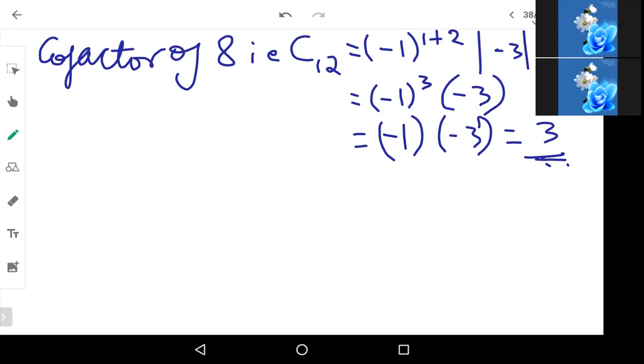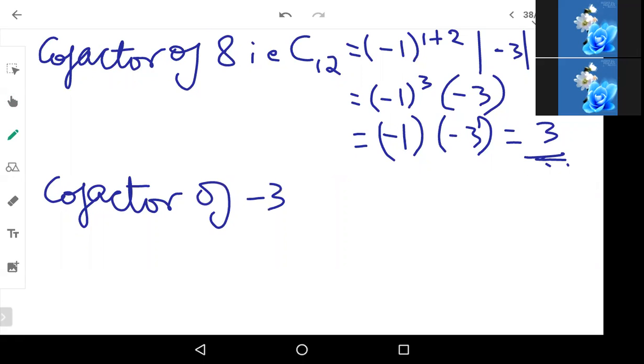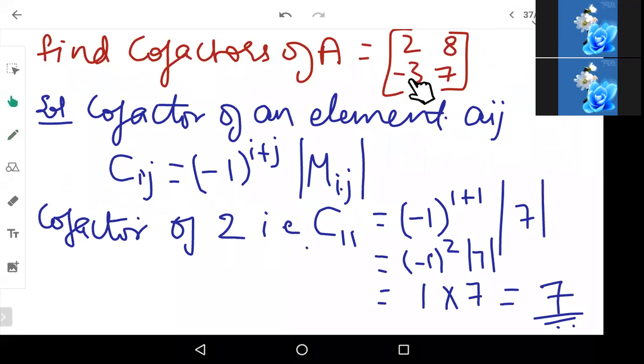Next, cofactor of what is the next element? -3, that is in the second row, first column. So what is the minor of -3? The minor is 8.